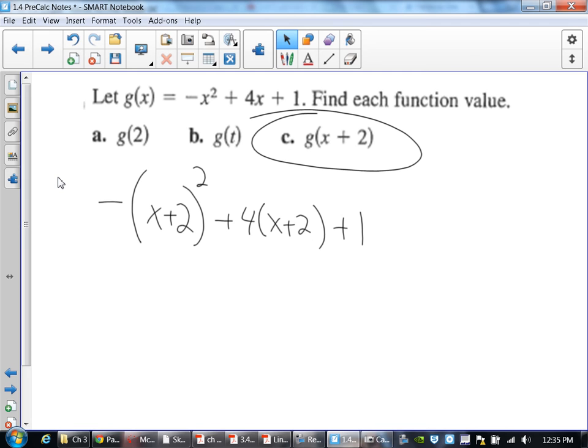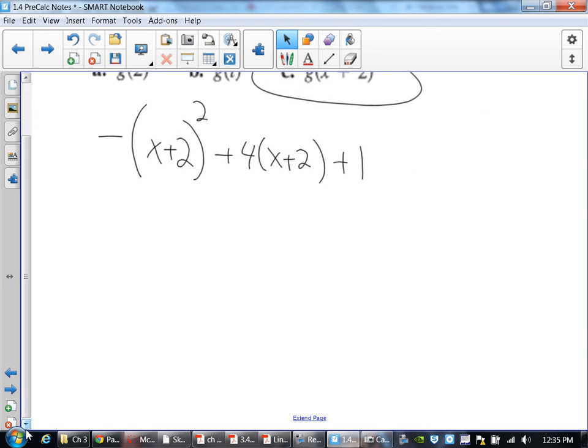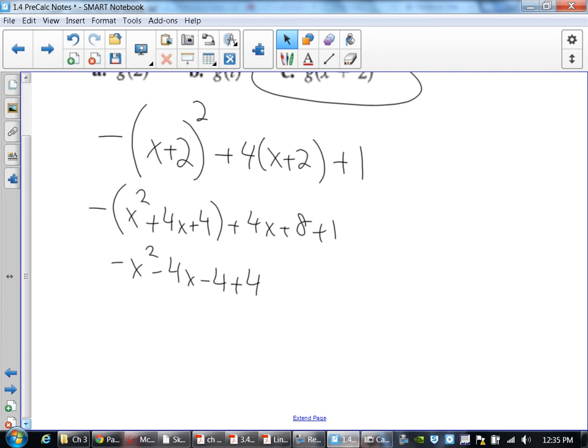You don't want to. Remember, back to this, half of you are going to do this. Then you just combine like terms, right? Yes, sir. Then you distribute out and combine. So you've got your negative x squared minus 4x minus 4 plus 4x plus 9.